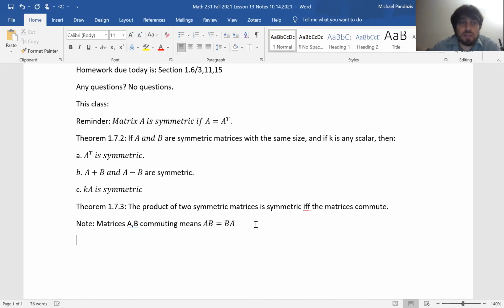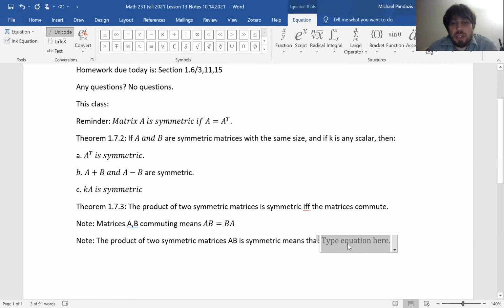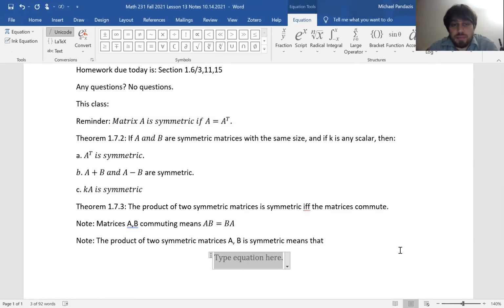Also note that the product of two symmetric matrices A times B being symmetric, where A and B are symmetric, means that if you took AB and took its transpose, it's equal to itself.